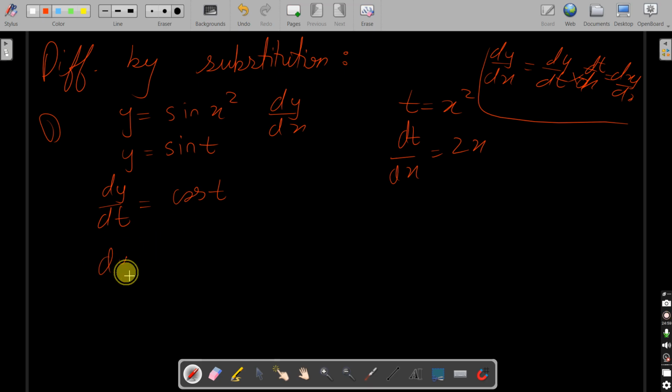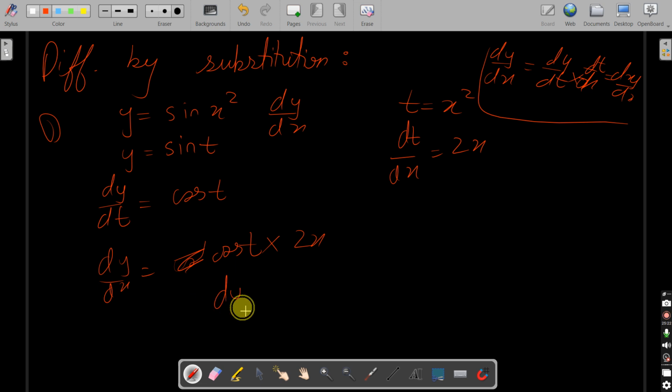So dy by dx is equal to cos t multiplied by dt by dx, which is 2x. But we can't keep t like this. We have to resubstitute t as x square.